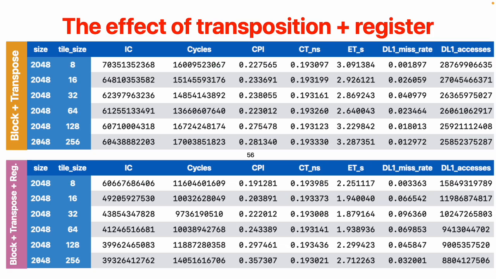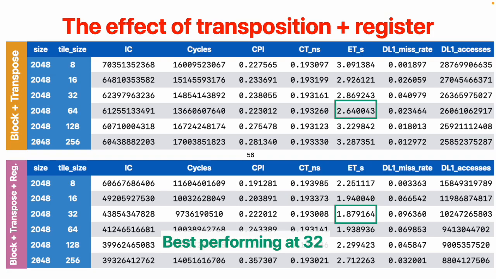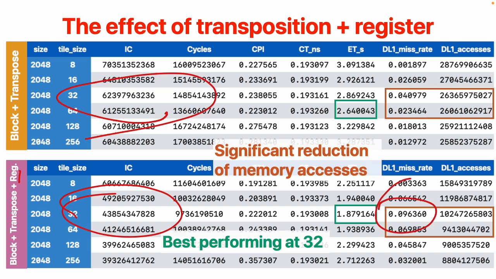So one thing you will find is that now we are best performing at 32. And another thing that you want to check is the instruction count. They all go from 6 something to now 4 something. A significant reduction. And some of you might be wondering, wait, the miss rate goes up, right? But you know, there are a lot of politicians who try to cheat a lot of people. They would say, well, something goes up, so it's bad.